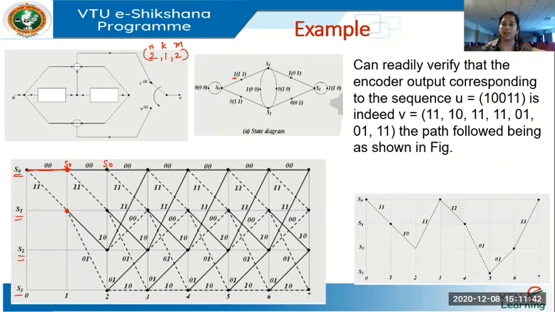I'll draw a solid line there and the code output is 0, 0. And from S0, when I receive a 1, I go to state S1 and the code output is 1, 1. It's a repetition. Every time, from state S0, it's always the same two transitions generated. Continuously throughout the trellis, it is going to repeat.